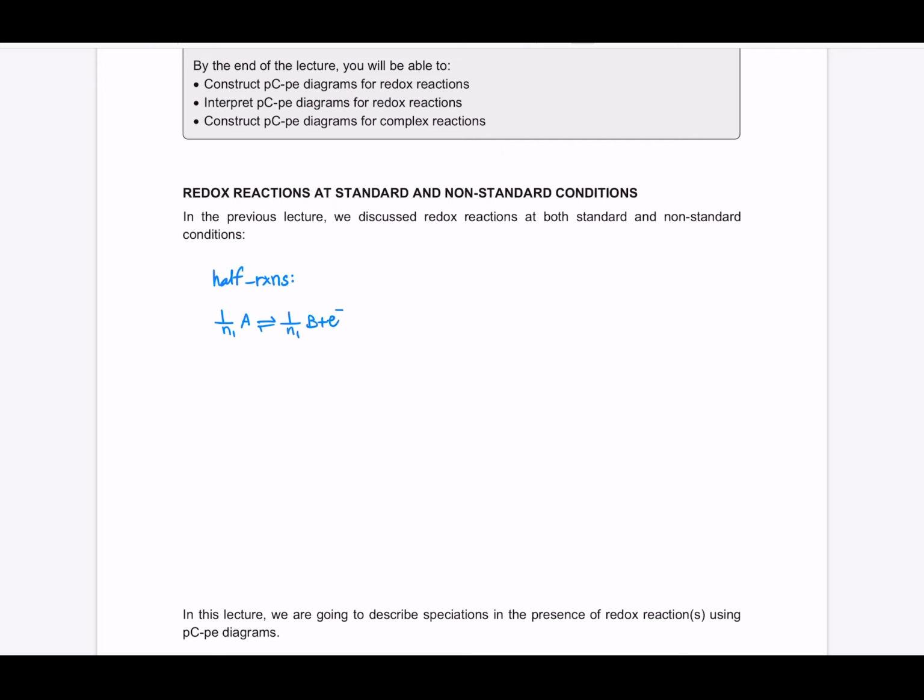And for this reaction, we use E0 or PE0, which is at the standard condition. We also talked about the electron activity at non-standard, but by relating it to the standard condition, which was basically the Nernst equation for half reaction.